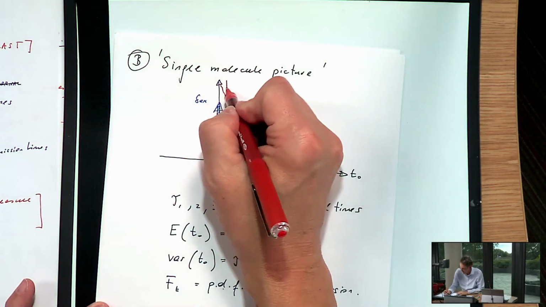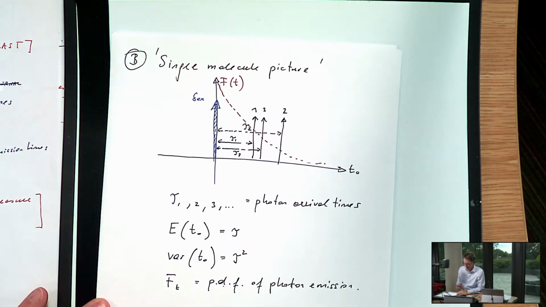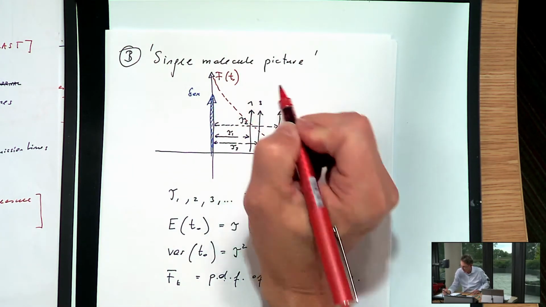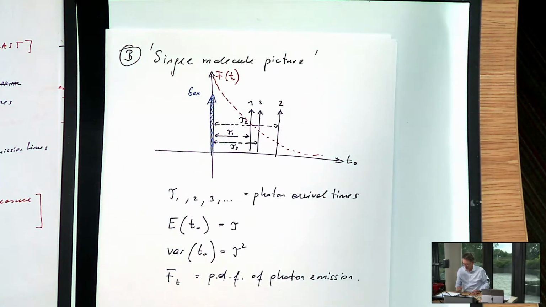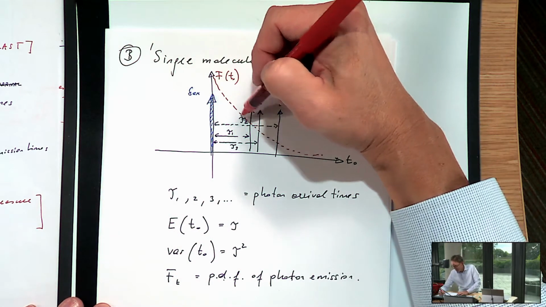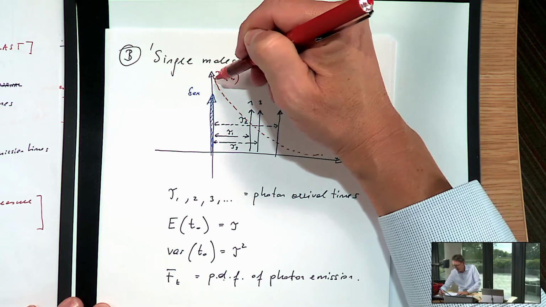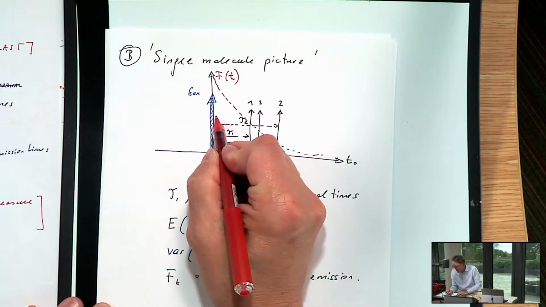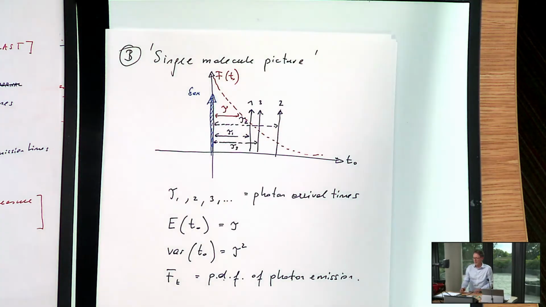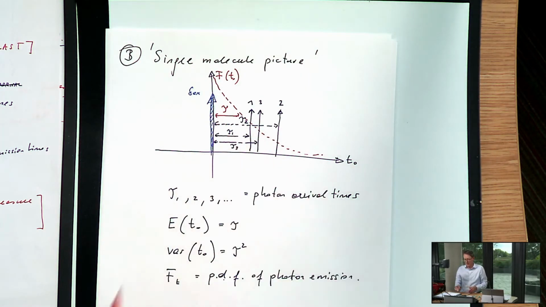That distribution will be f of t, which is essentially the probability of photons arriving. It's very high initially, and then of course this width here will be the fluorescence lifetime. So that is the expectation value of this probability distribution.